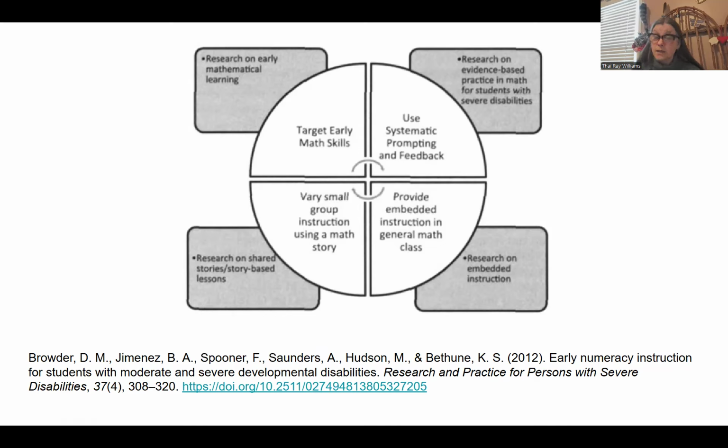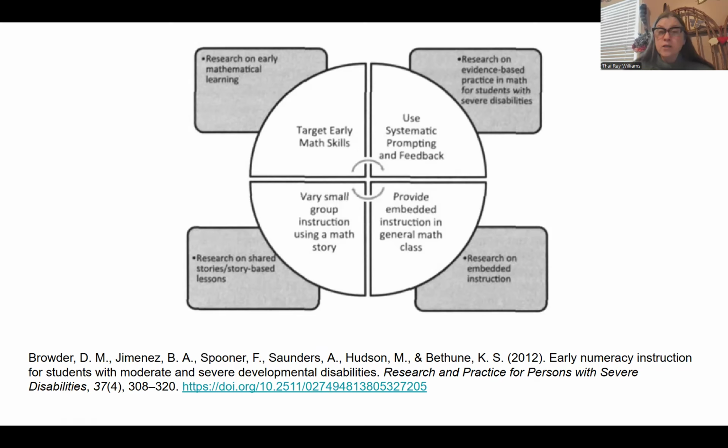Yes, they can. Yes, they can. If you embed instruction. If your eighth graders are working on solving for X, could your student work on number identification? Yes, they could. Could they possibly work on making sets? Yes, they could. Could they look at numbers within an equation and identify which one is more or less or greater than or less than or equal to?